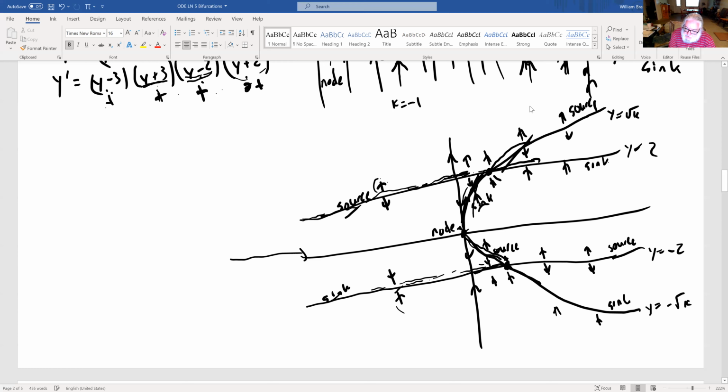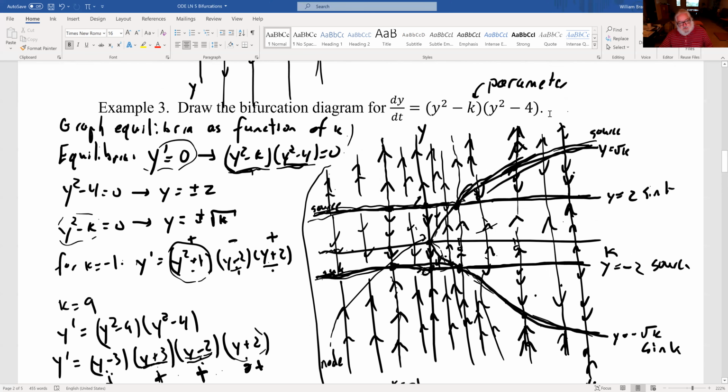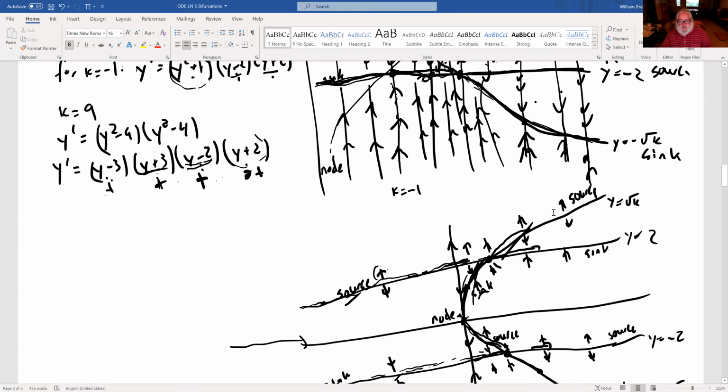This becomes the sink, and that becomes the source. So there's a bifurcation diagram, a little bit complicated, but really you just graph the equilibrium as a function of k, which is just setting the derivative equal to 0 and see what your curves are, and then figure out what the sign is of y prime in between the curves.